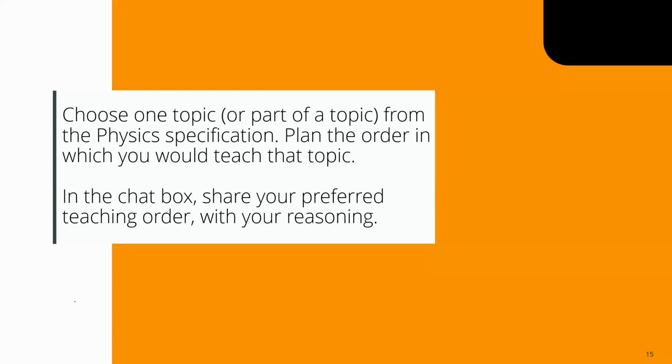The writer of the textbook will have had an idea in their mind of the reason they put the chapters in that way, but it's not necessarily the best way of teaching for your group of students. So I'm suggesting it is something that we as teachers need to consider each time. What's going to be the most effective way to present this topic? What are we going to start with? When are we going to bring in these examples? And that will be different from group to group and from teacher to teacher.